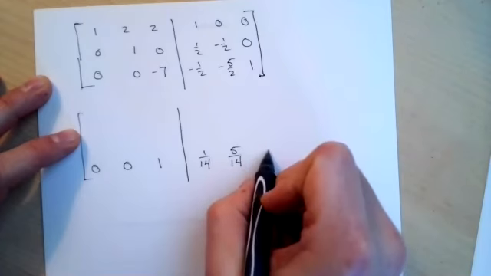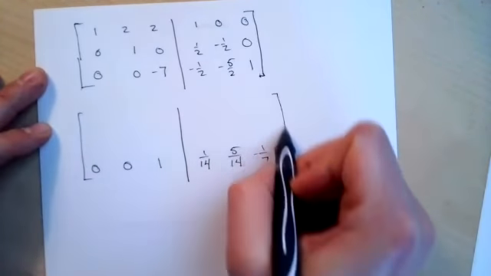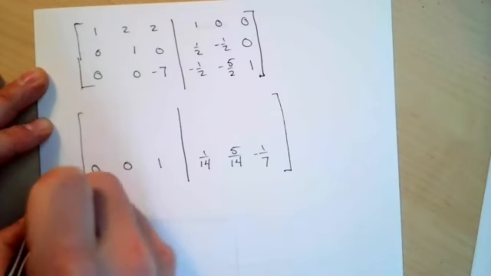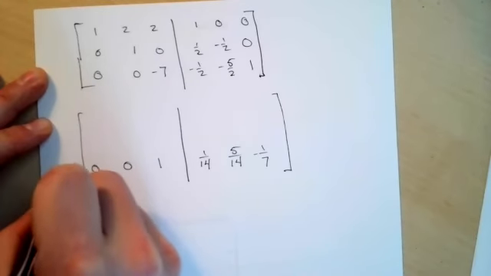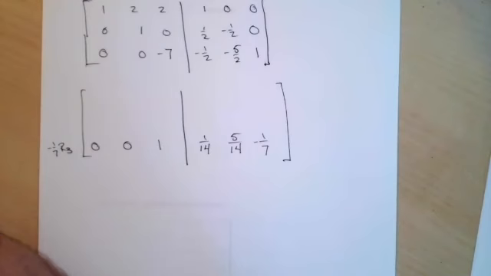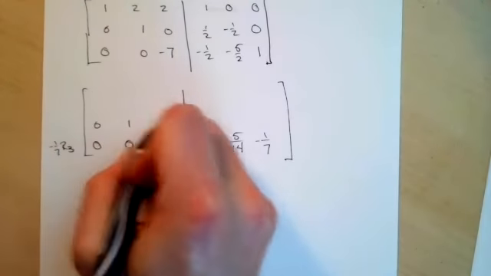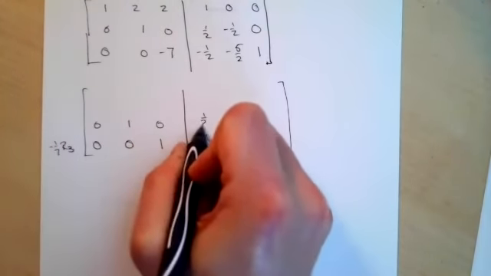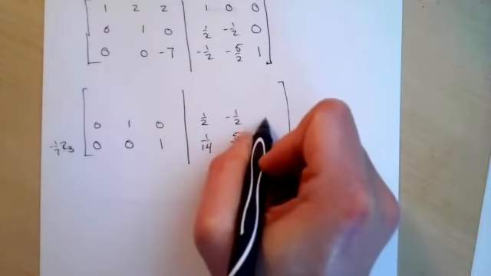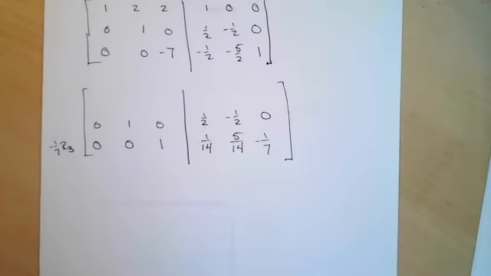And dividing by -7, we'll have a -1/7 there. So let's do that one first. Row 2, we can keep the same. So nicely enough, we don't have to mess with this guy anymore. So we've got 0, 1, 0 in row 2. It's row 1 that we're going to have to mess with.